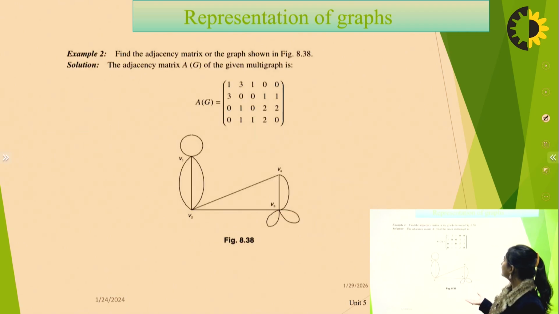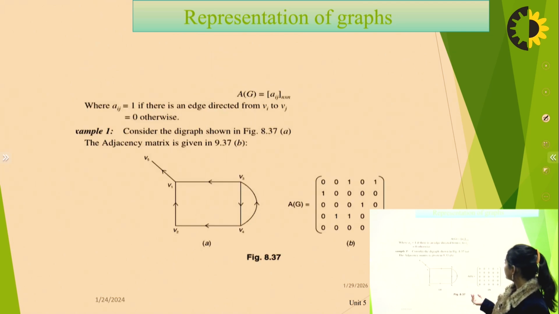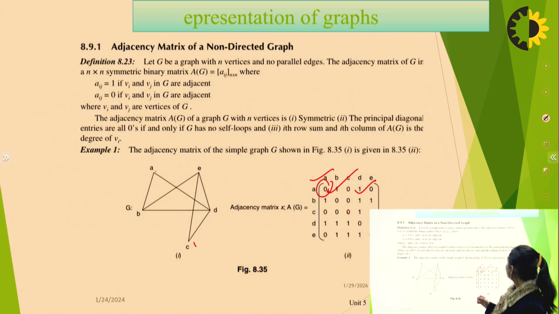Similarly in this question, the adjacency matrix is given and we have to create the graph. Let G be the graph with n vertices and no parallel edges. The adjacency matrix is an n by n symmetric binary matrix AG, Aij.